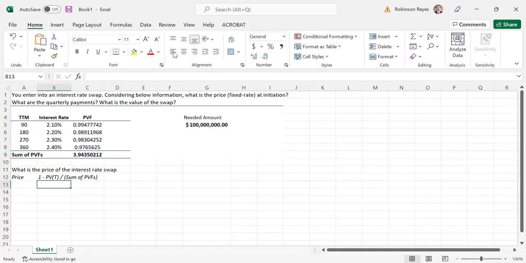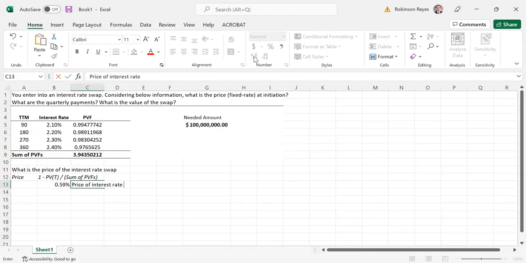Now we can use our formula, 1 minus the last present value factor divided by the summation of the present value factors, and then we're done. Now if we change it to percentage, it's 0.59, and that is the price of the interest rate swap.